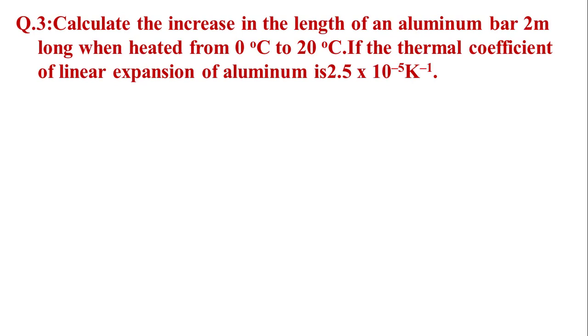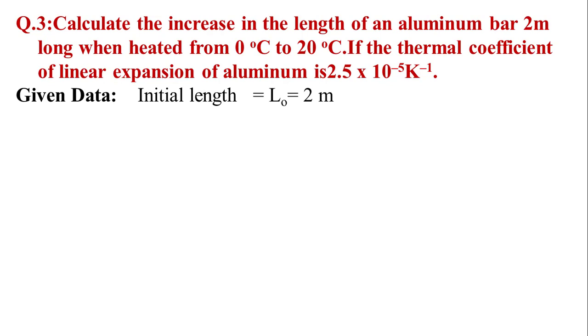Now in question number 3, calculate the increase in length of an aluminium bar 2 meter long when heated from 0 Celsius to 20 Celsius, if the coefficient of linear thermal expansion is 2.5 multiplied by 10 raised to power minus 5 per Kelvin. So first of all, write the given data.